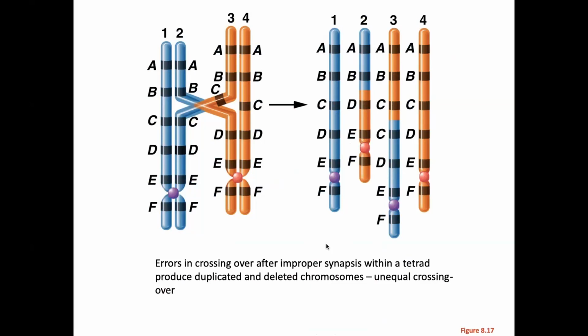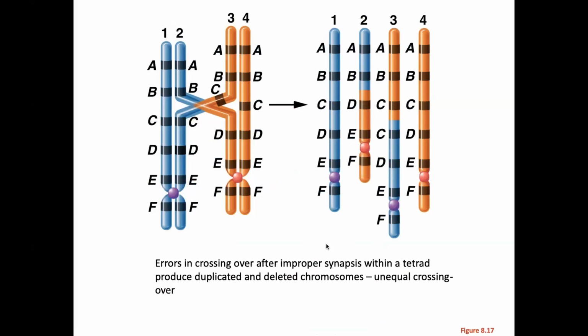In other words, the replication machinery goes haywire and makes a mistake. So the end result of this abnormal replication is that you create a duplicated version of the original chromosome. So pretty rare, but it does occur.